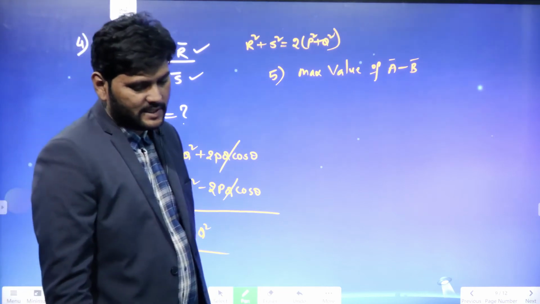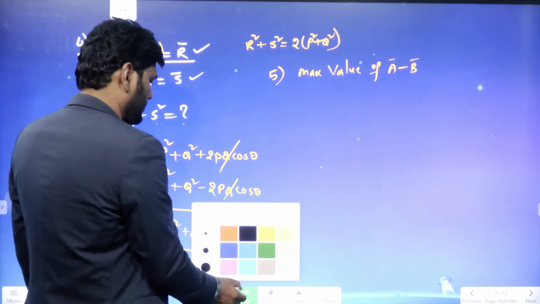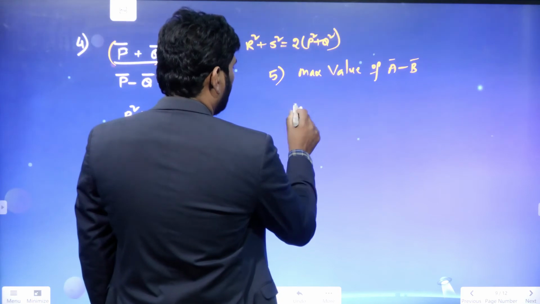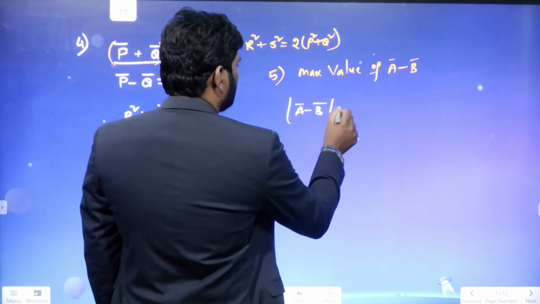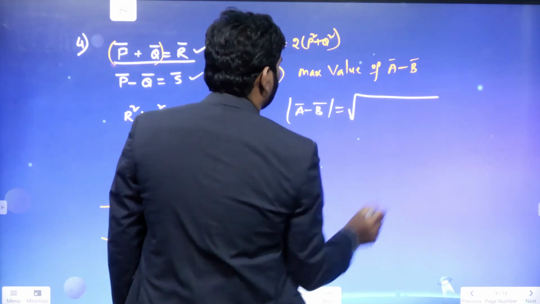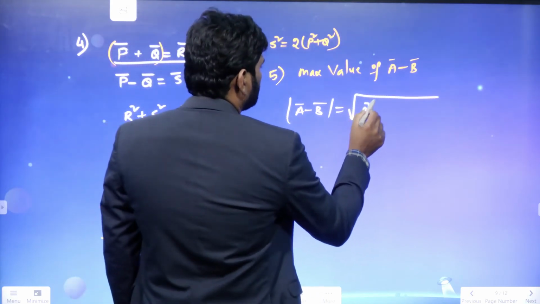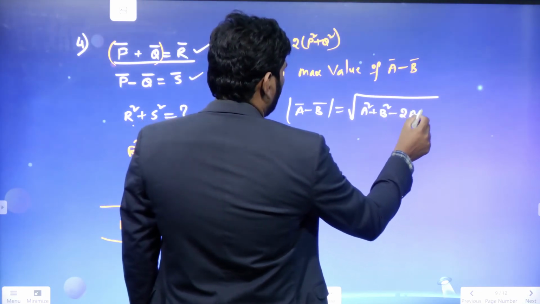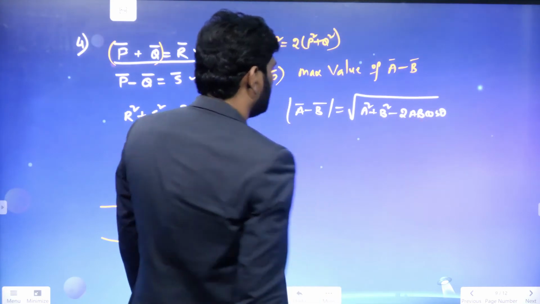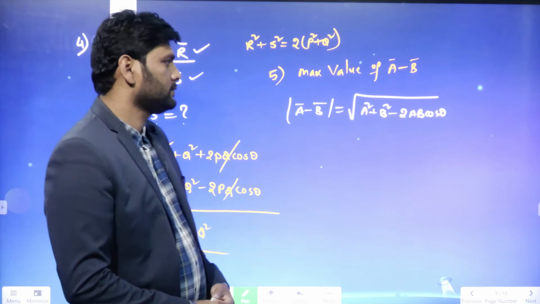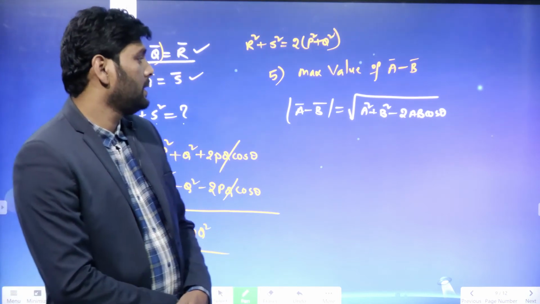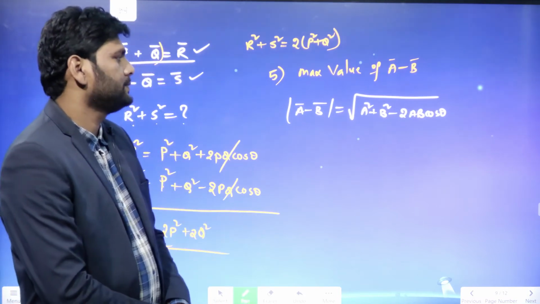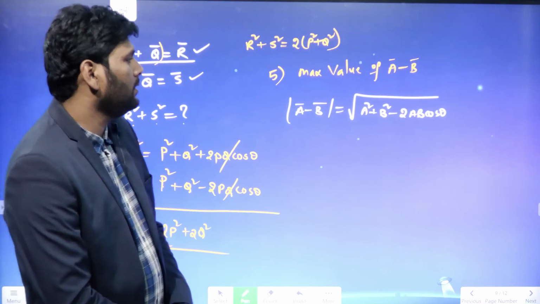So first let me apply the parallelogram law here. The magnitude of a bar minus b bar is equal to root of a square plus b square minus 2ab cos theta. So here you will get the maximum value.